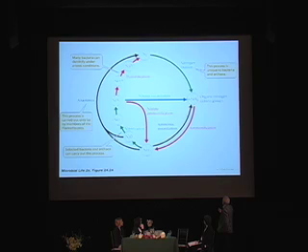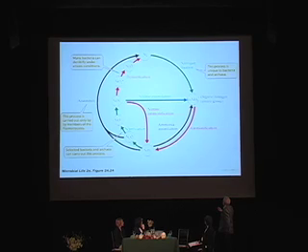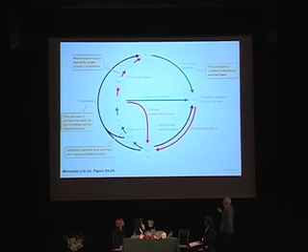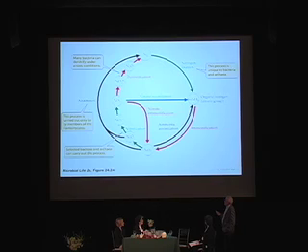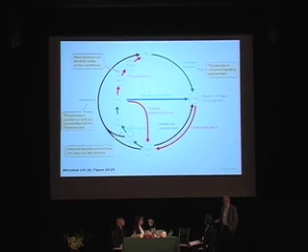Animals, mammals in particular, require amino acids. So this amino group here is from an amino acid. And they can get that amino acid from eating plant material or other animal material if they're a carnivore eating another animal. But all these other arrows here are carried out by bacteria and archaea.